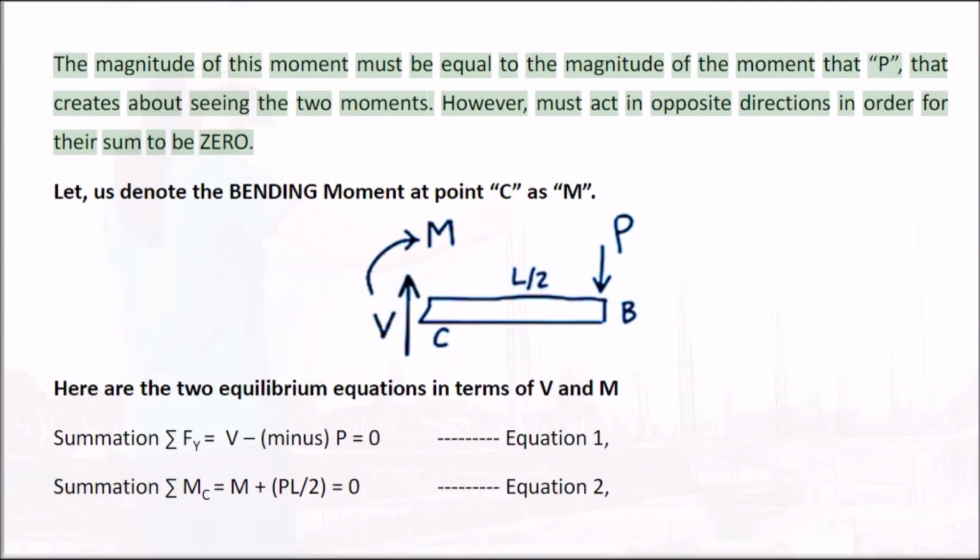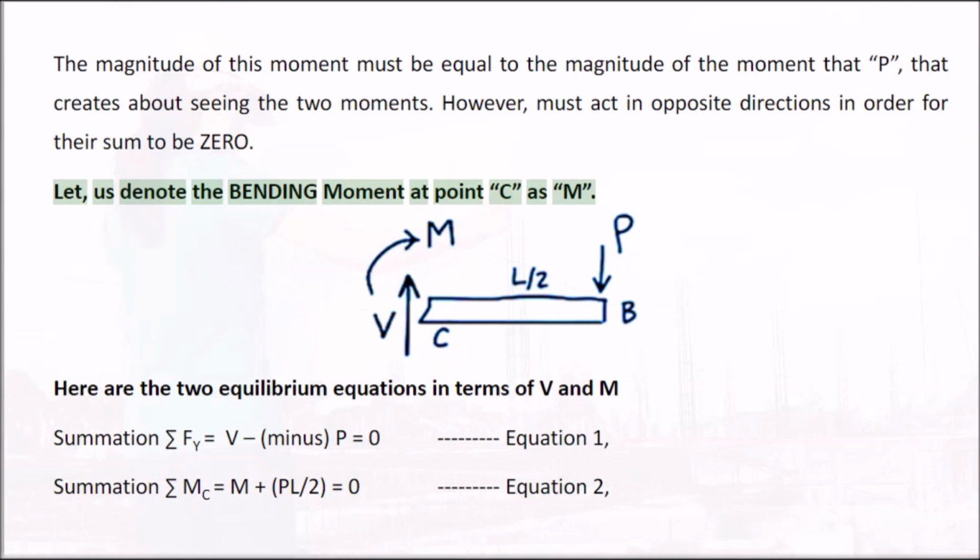The magnitude of this moment must be equal to the magnitude of the moment that P creates about C. However, the two moments must act in opposite directions in order for their sum to be 0.